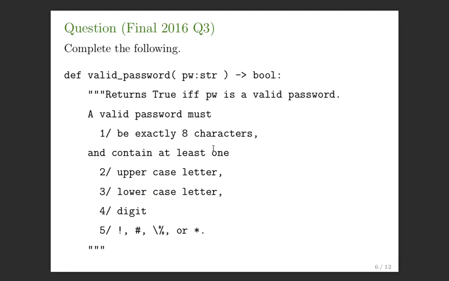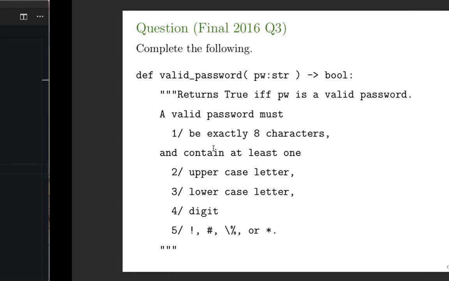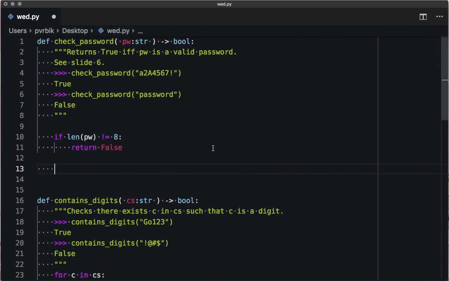We need one uppercase character, okay? How can we check for uppercase characters using only what we have? Okay, so I guess I just have to do this. The uppercase characters. Right, okay, you're right. There is a better way of doing this.